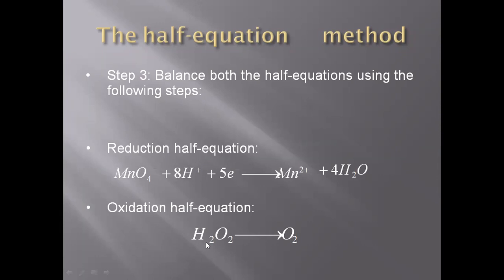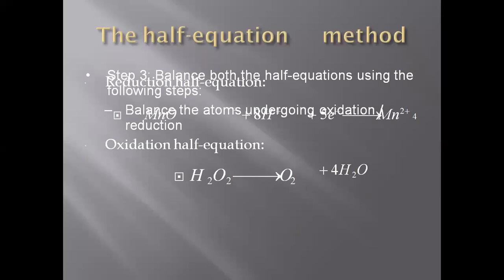Let's move to the oxidation half equation. The oxidation half is H2O2 gives O2. As you can see, hydrogen is not balanced, so to balance the hydrogen we need to add water molecules here. So H2O2 gives O2 plus 4H2O. Why 4H2O?